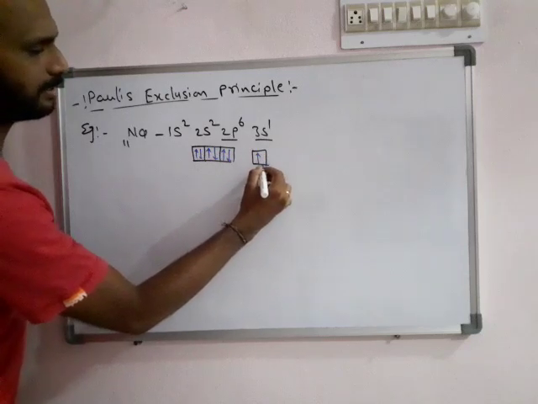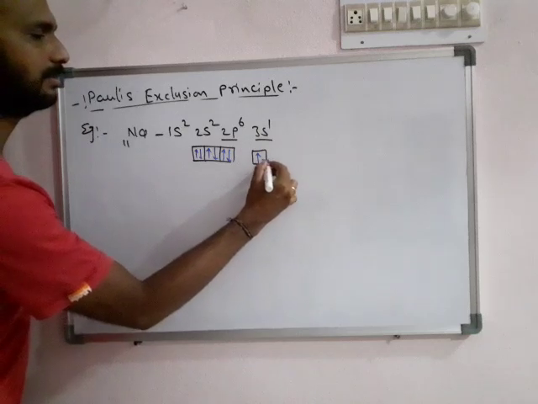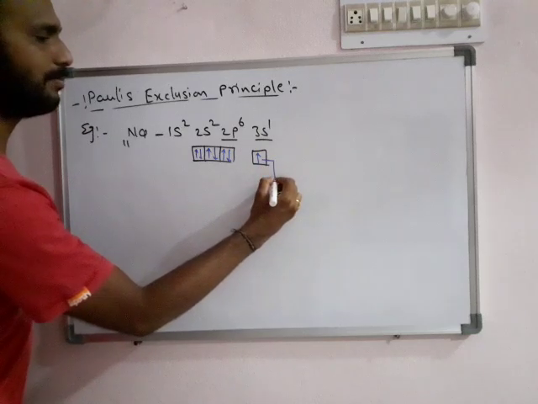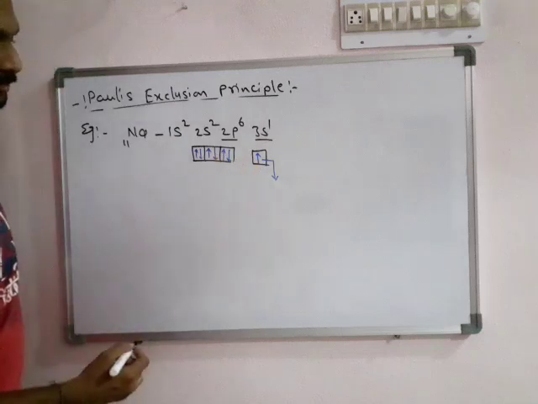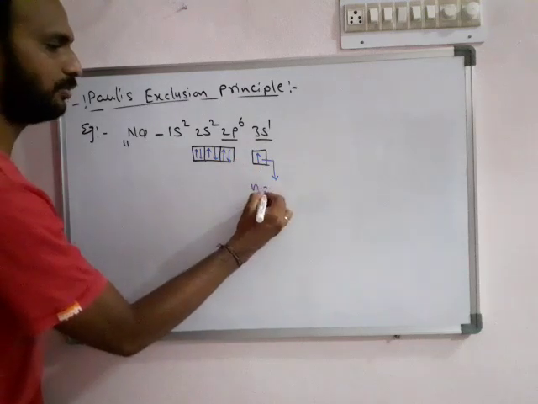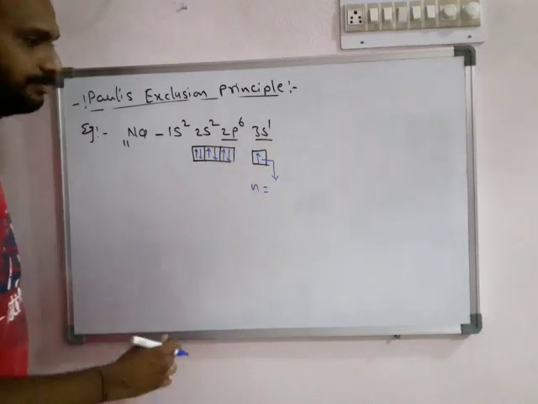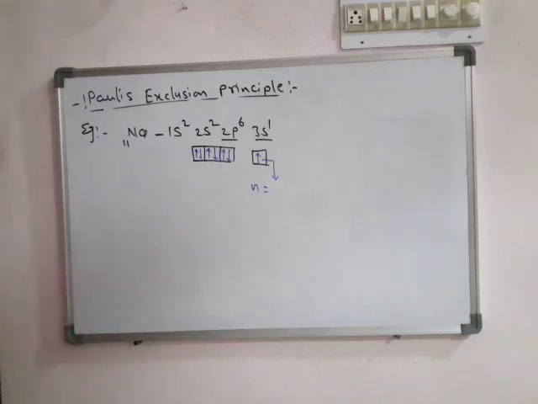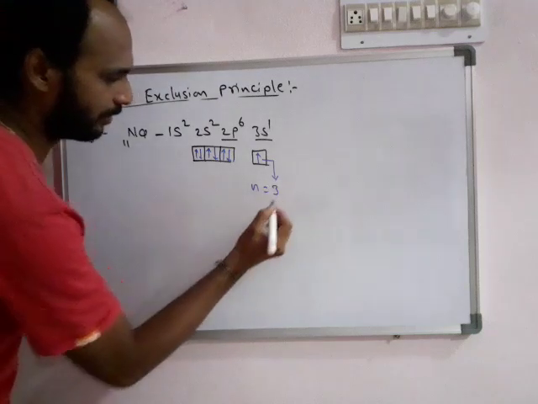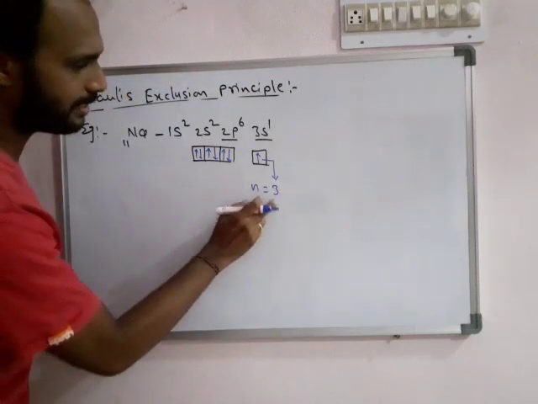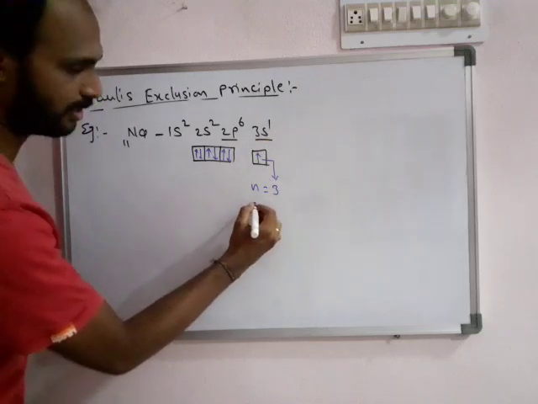Now write quantum number values for this electron. What is the n value, principal quantum number? It is present in which shell? It is present in third shell. So n equals 3. It is present in the s subshell.